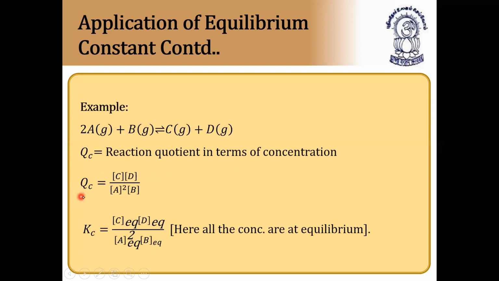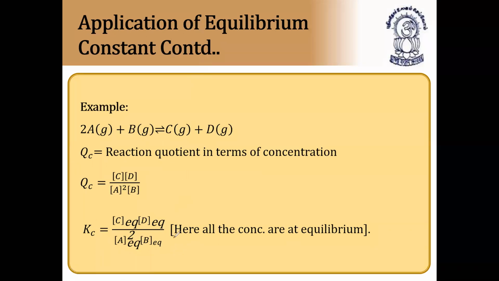Qc is called reaction quotient. It can be taken in terms of concentration like equilibrium constant, but here Qc can be taken if the reaction is in forward direction or backward direction also, but Kc will be taken only if the reaction is at equilibrium. Here all the concentrations are at equilibrium. This point is very important.